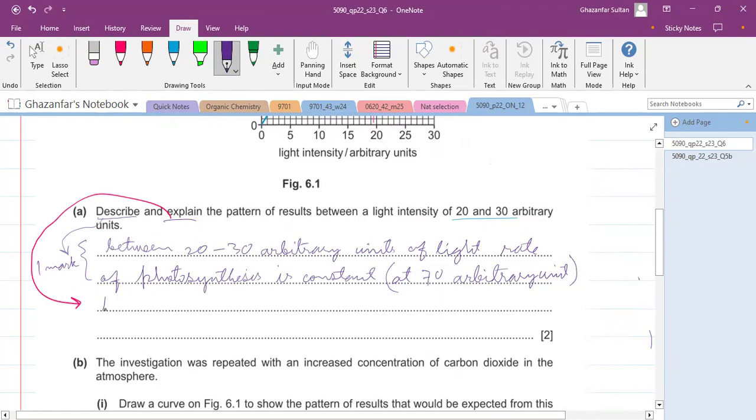So what is the reason? The reason is that from 20 arbitrary units of light intensity, light is no longer a limiting factor.